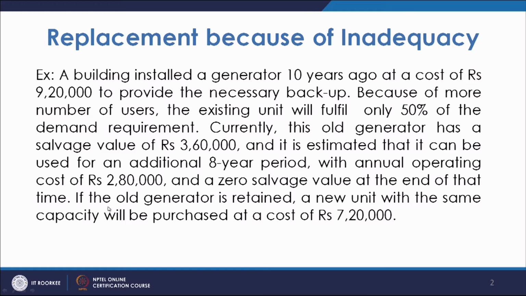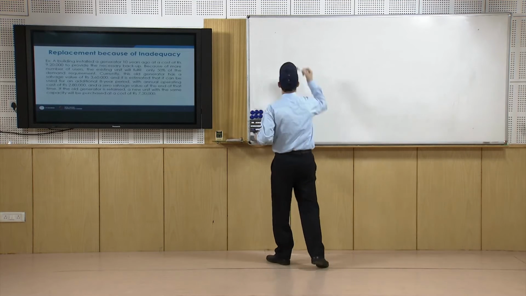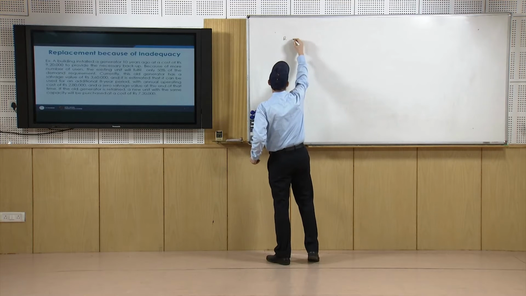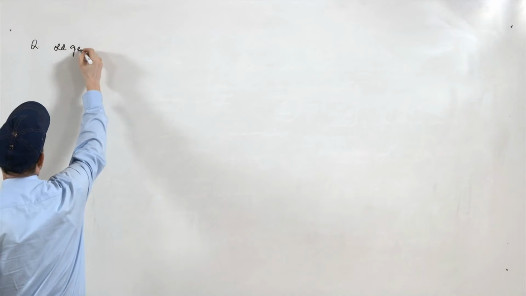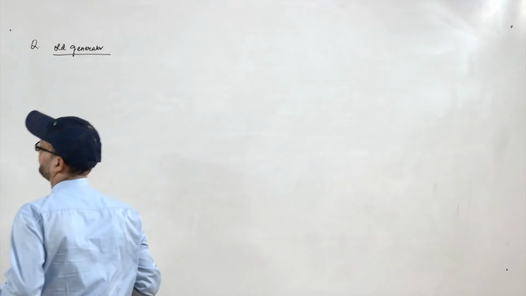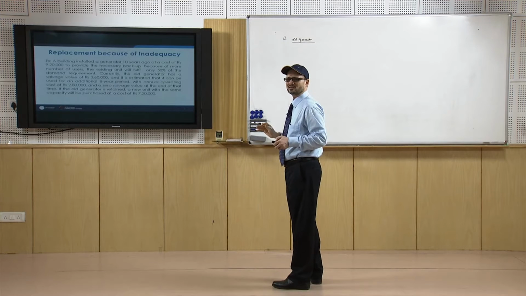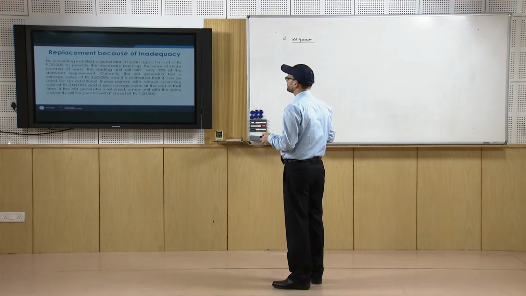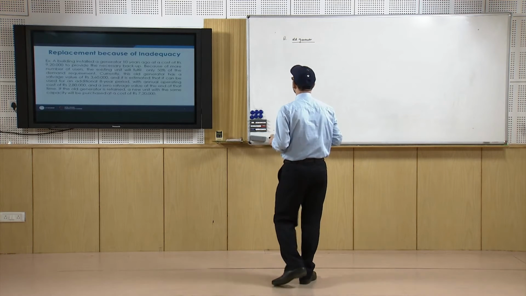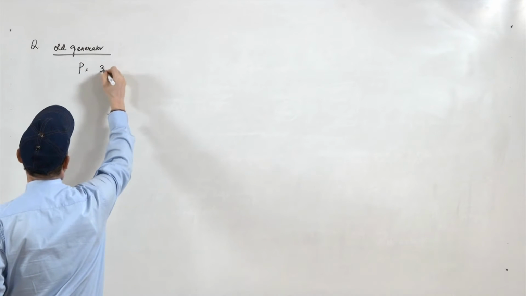So, if we try to solve this problem, we have the old generator. It was purchased at 9,20,000, so that is gone, a sunk cost. Now its value is 3,60,000, so its present cost is 3,60,000.